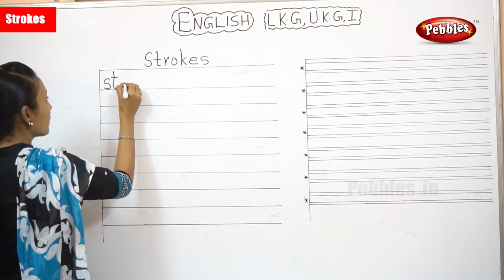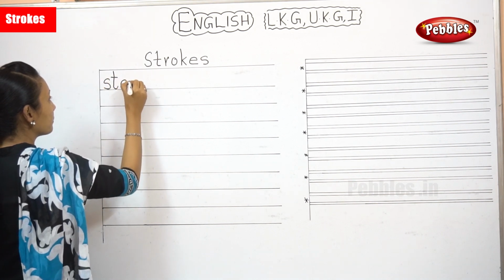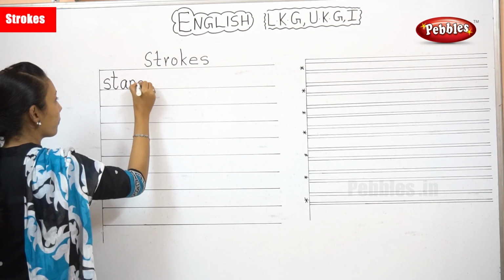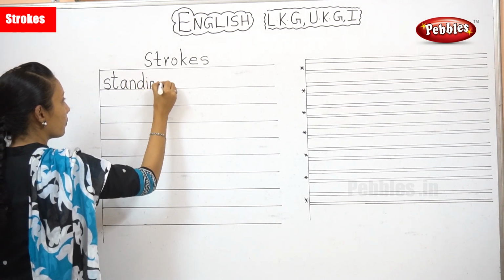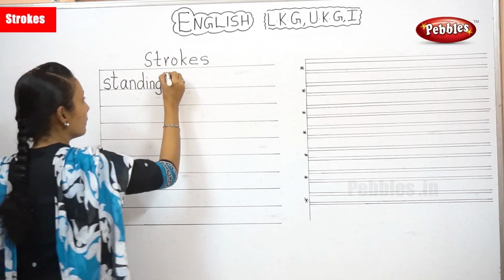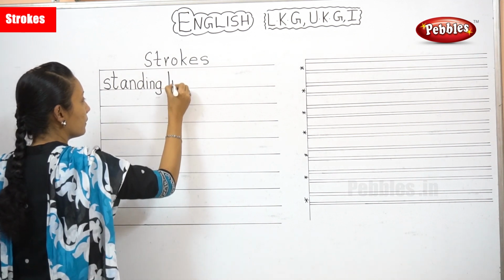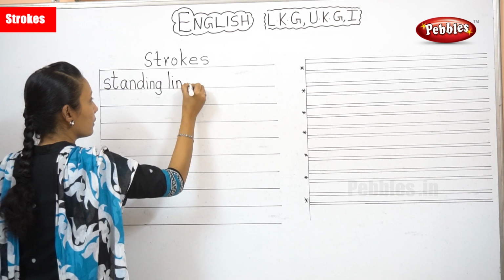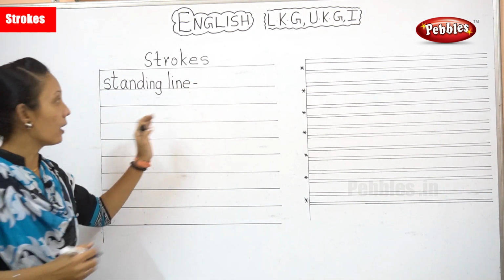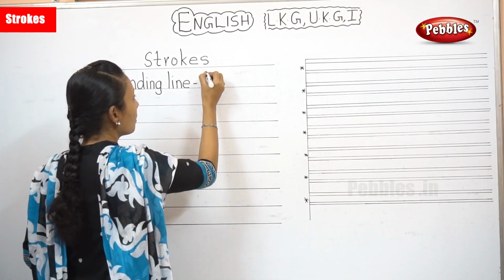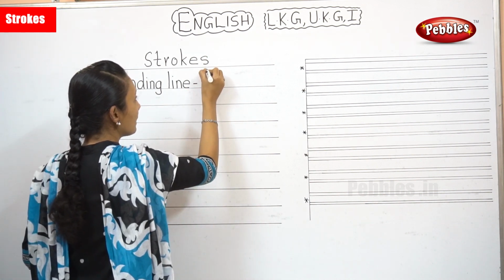Your first stroke is standing line. Your standing line is your first stroke, and now we will learn how to do your standing line.